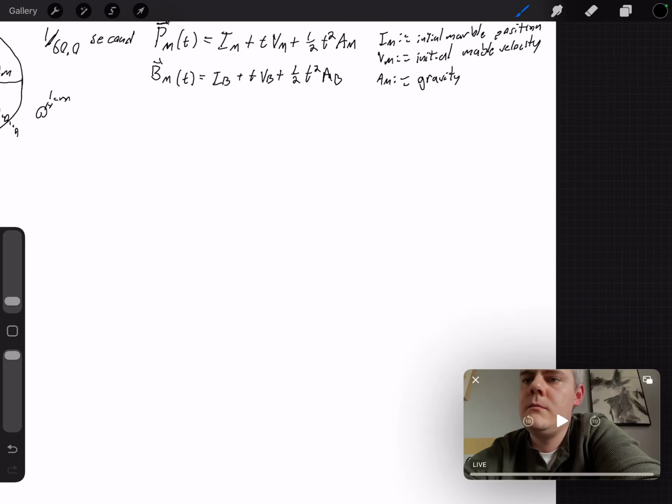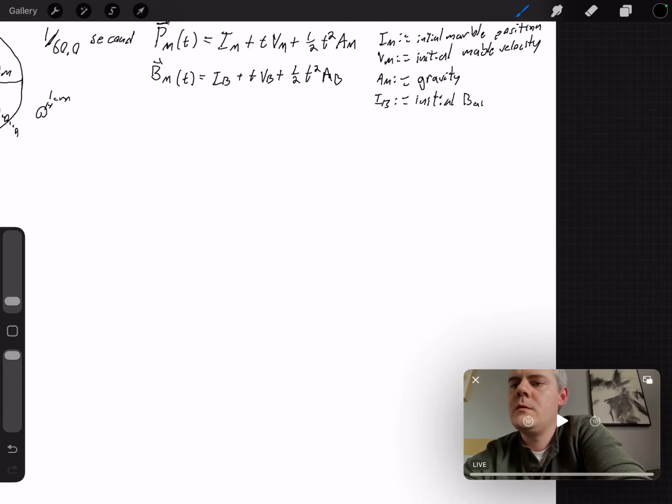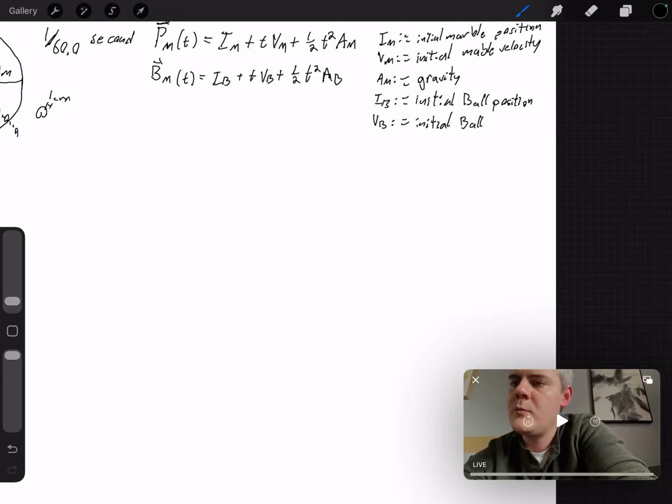And then IB is the initial ball position. I'll write all these out because I'm debugging.